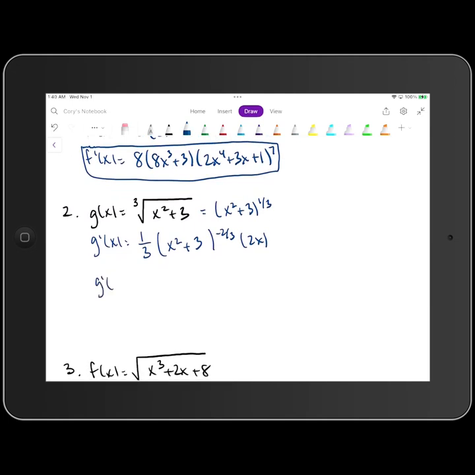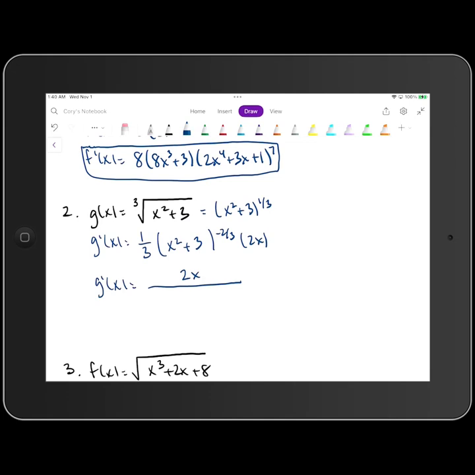Okay, so we just want to go through and simplify this expression by rewriting it in the form of a fraction and a radical. When I multiply all that together, the only factors in the numerator are 2 and x.